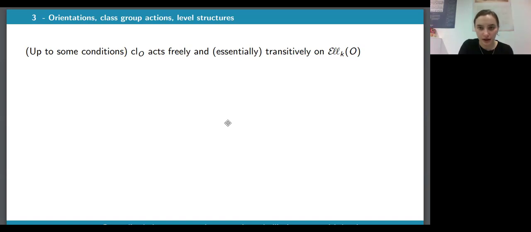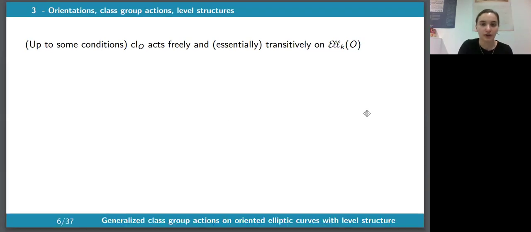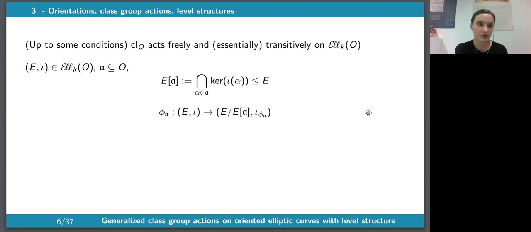So let me remind you of how such an action comes about. If we take an ideal A of our order O, then we can define the kernel subgroup of A as the intersection of all kernels of elements alpha in the ideal A, viewed as endomorphisms of E through the orientation.